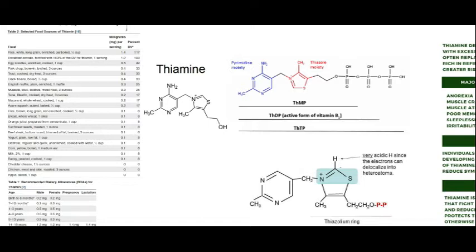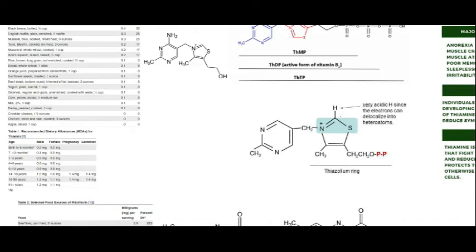And we will see in later videos, when we start seeing the things that thiamine is used for, how that is actually used.